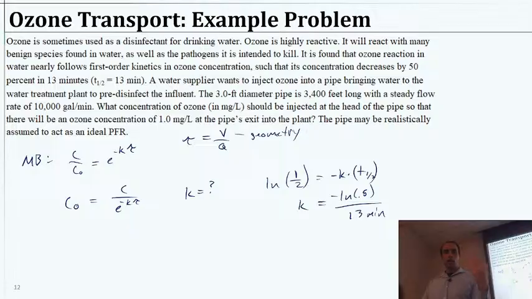We rearrange that, solve for K in per minutes, get all our units in the correct arrangements, and we should be good to go. All right. Good on that?